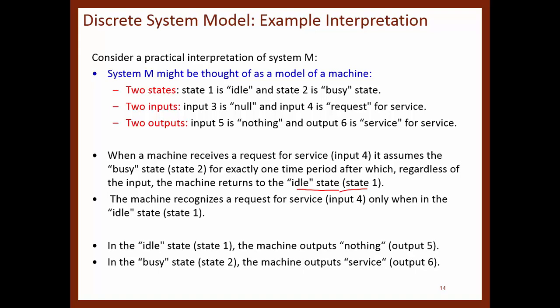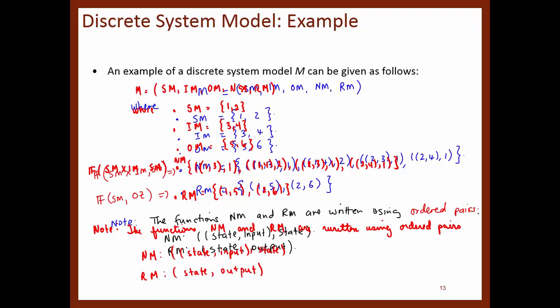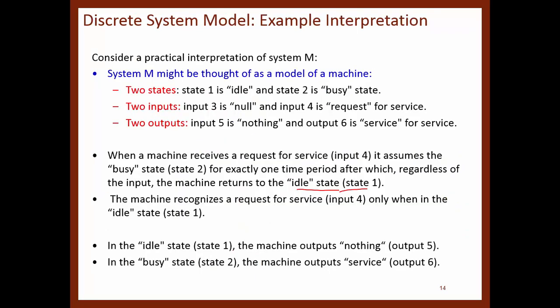In the idle state, the machine outputs nothing. In the busy state, the machine outputs service. That is what this model is representing. Okay, this is the description, giving those numbers some meaning.